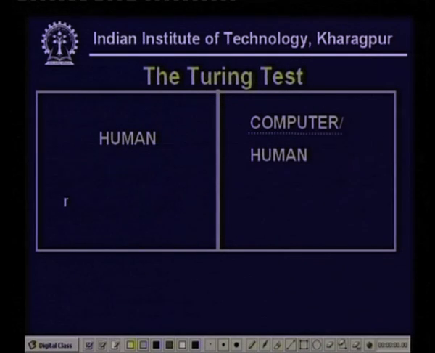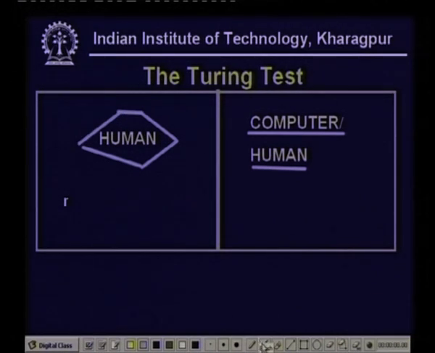In this closed room, there will be a being which may be a computer and it may be a human. There is an interrogator outside the room. The interrogator does not know whether the being inside the room is a computer or a human.